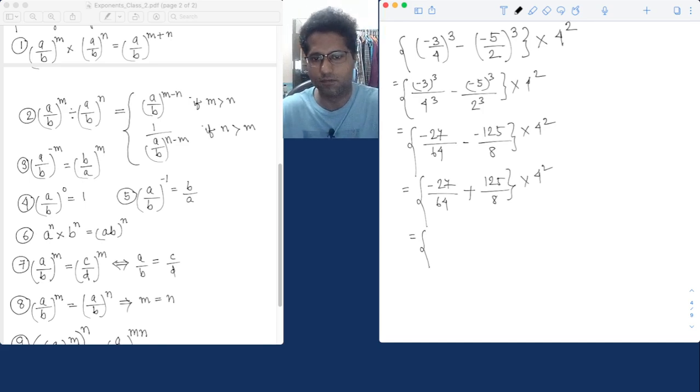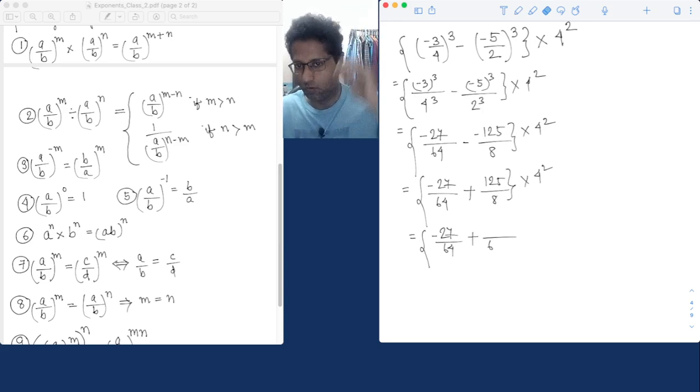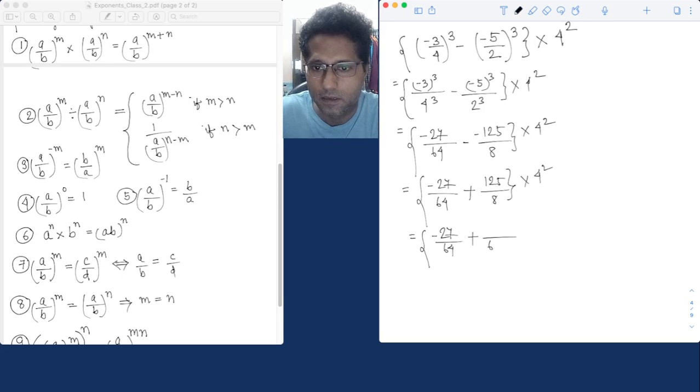The LCM of 64 and 8 is 64. To make the denominator 64, we have to multiply both the numerator and the denominator by 8. So this will be 125 into 8, which is 1000, divided by 64, multiplied by 4 square.